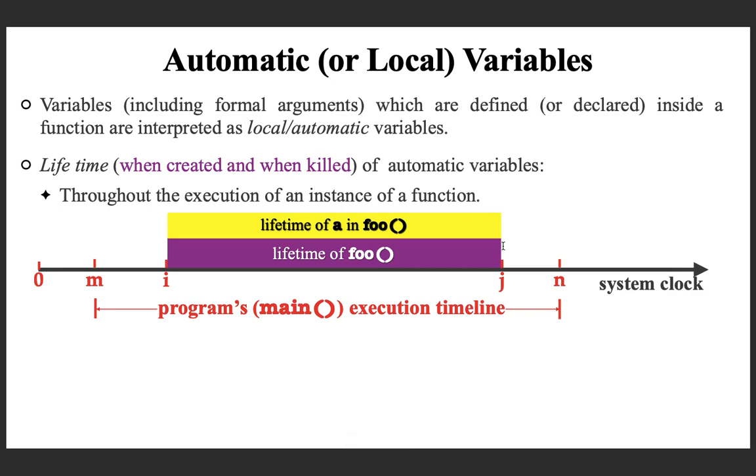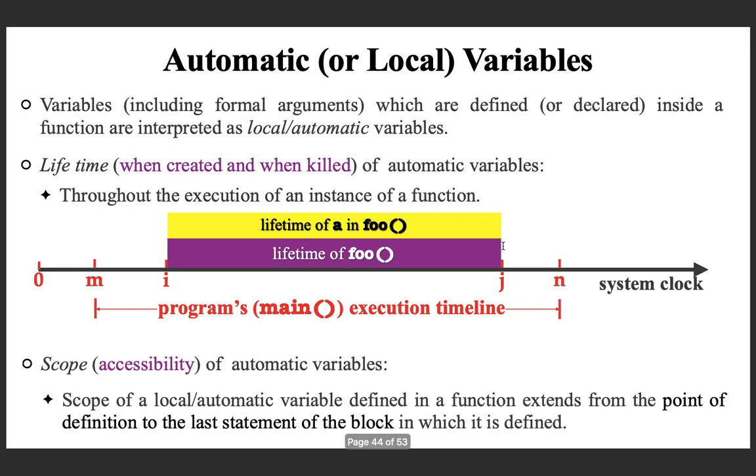Okay. Now what is the scope? Scope means where automatic variables are accessible. Scope of a local or automatic variable defined in a function extends from the point of definition of that variable to the last statement of the block in which it is defined.